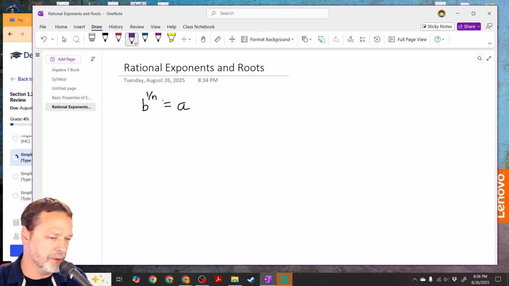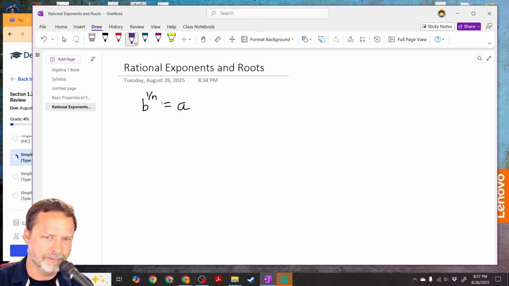As long as the things we are doing are certain things we can do. One of those things we can do to both sides of an equation and have it stay true is raise both sides to a power. We can square both sides, cube both sides.